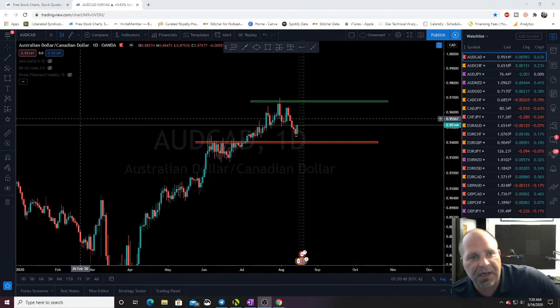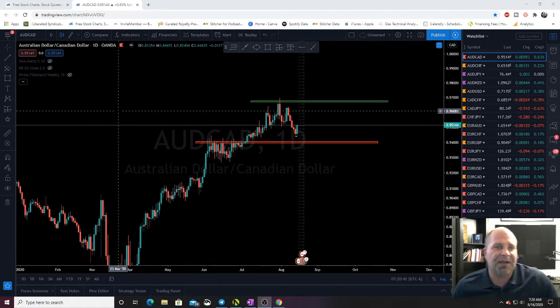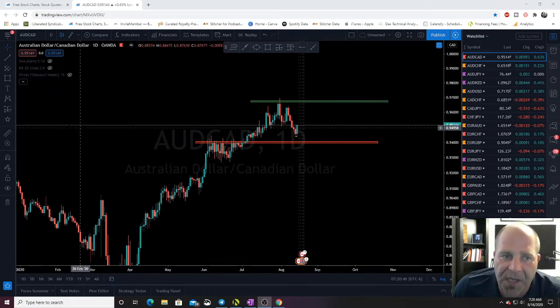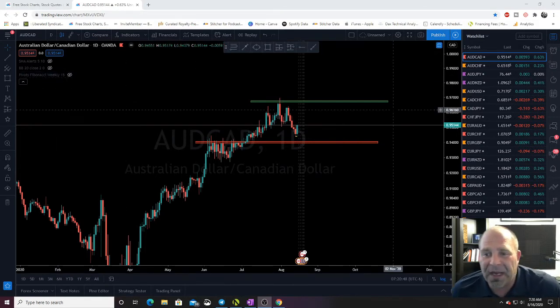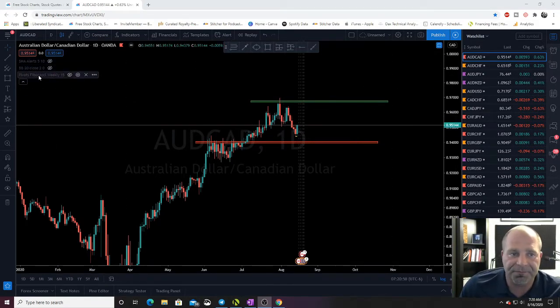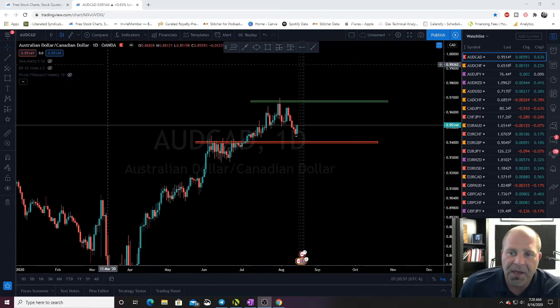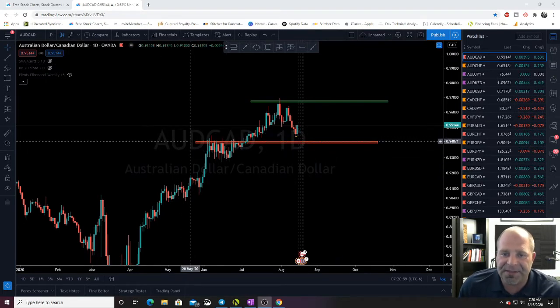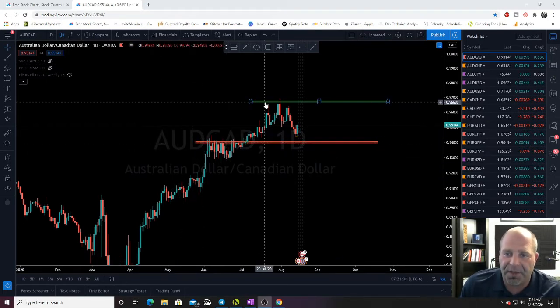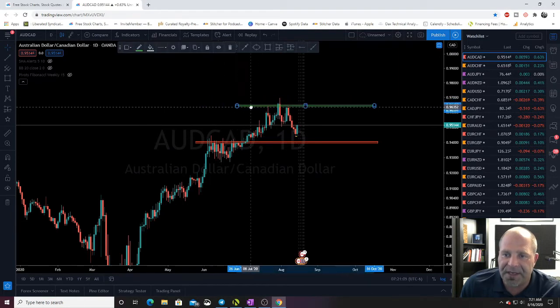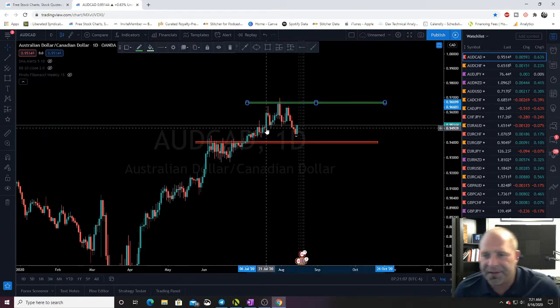All right, guys. So I'm going to start with Australian dollar, Canadian dollar. I don't have the pivot points on because I don't really care about them on the daily chart. During the week when I do my videos, I have the weekly pivots on. But for this, I'm simply looking at inflection points, or support and resistance, supply and demand, however you say it, on the daily.